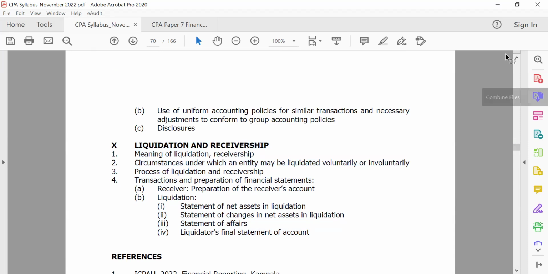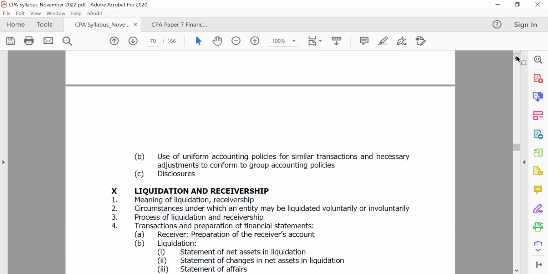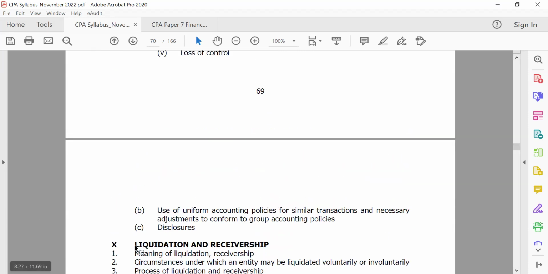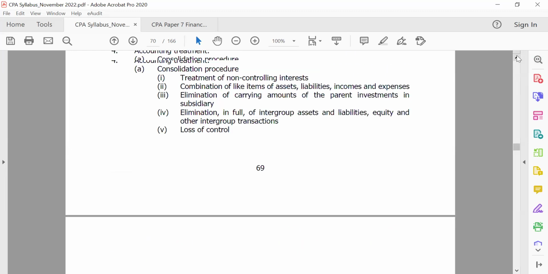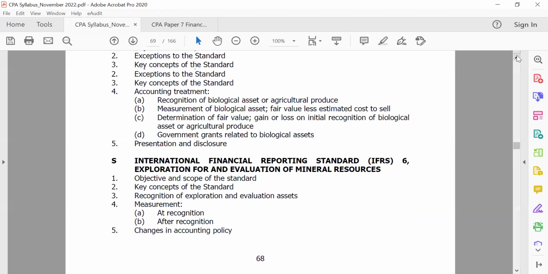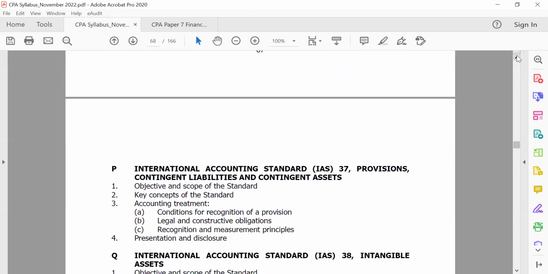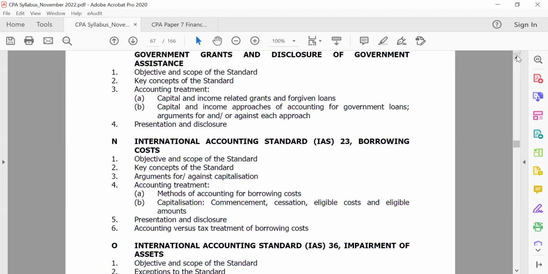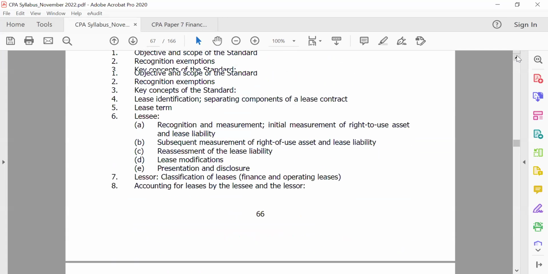So quite a number of topics. If this is X and you're looking at the alphabet, these are about 25 topics and counting.